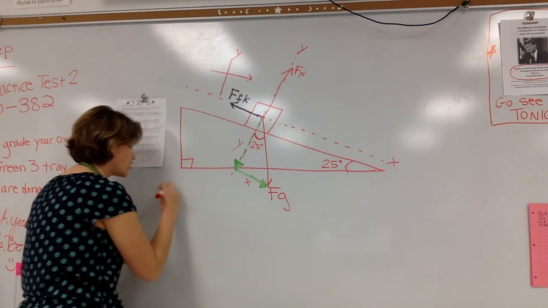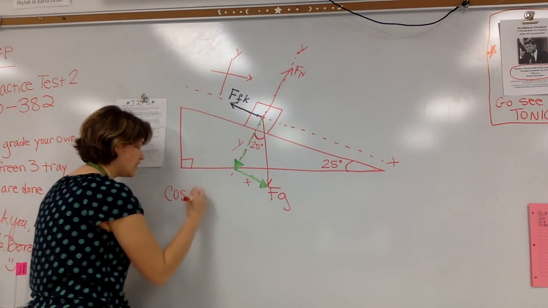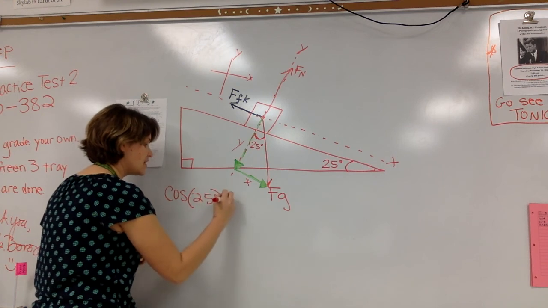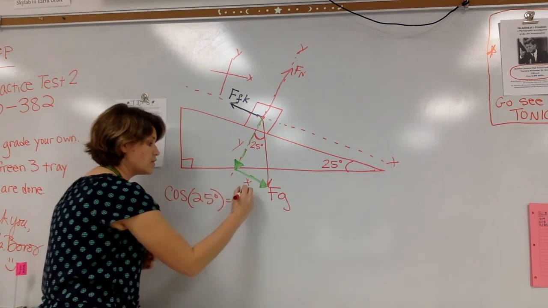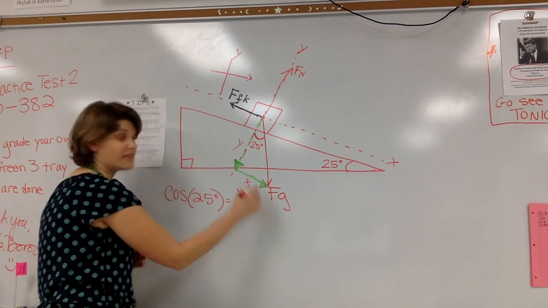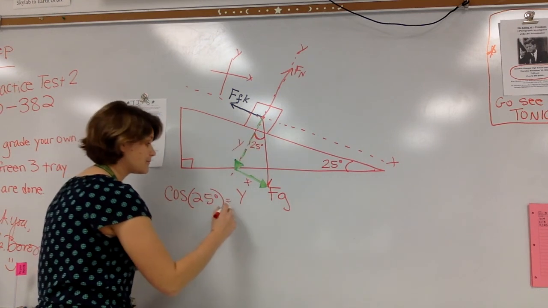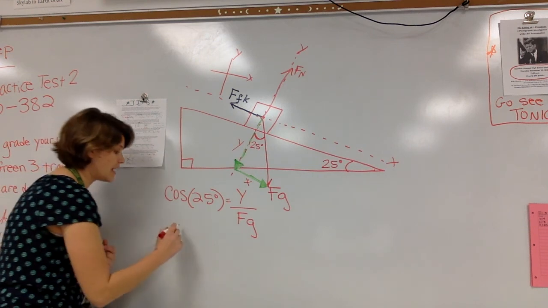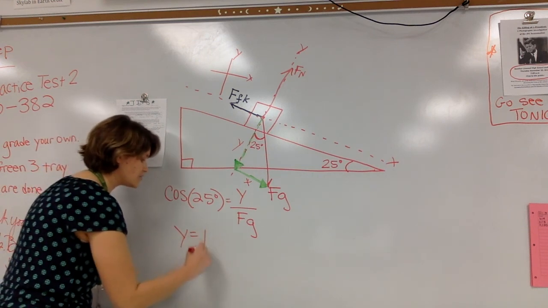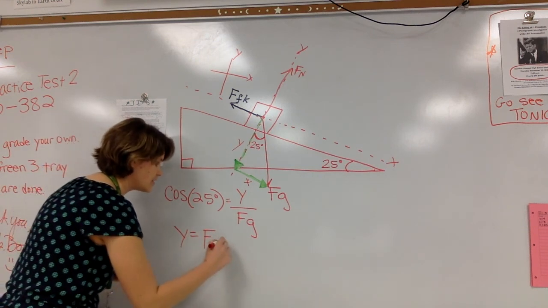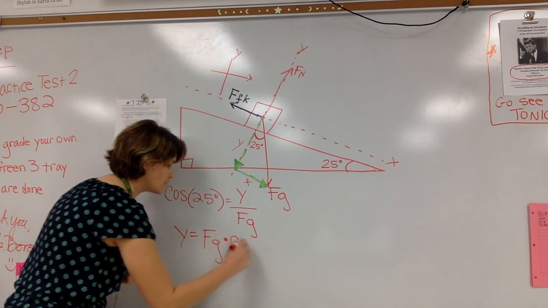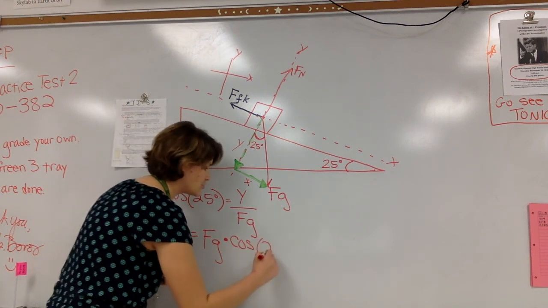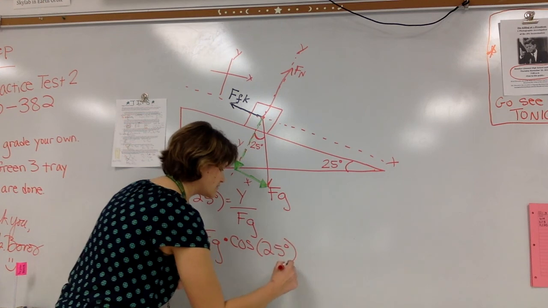So that means cosine of 25 degrees is equal to adjacent, which is my force due to gravity in the y direction only, divided by my force due to gravity. So that means y is equal to force due to gravity times cosine of 25 degrees.